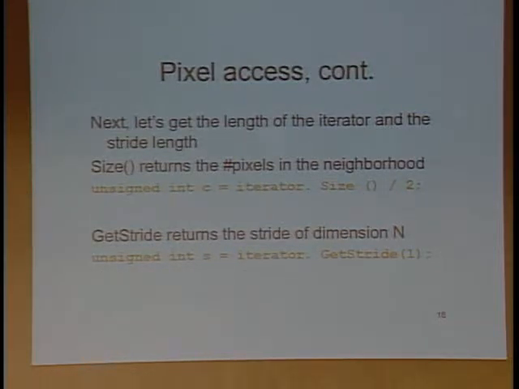So for that 2x1 neighborhood, it will return you 5x3. And if you divide that size by 2, you will get the position of the center pixel. So we assign this to C. And if you want to know the stride in y direction, you set the parameter to be 1 to indicate that's the y direction and call the getStride function.